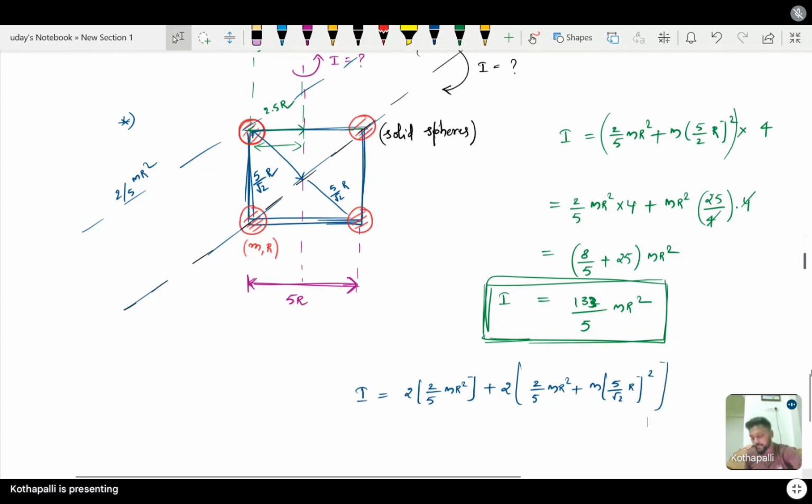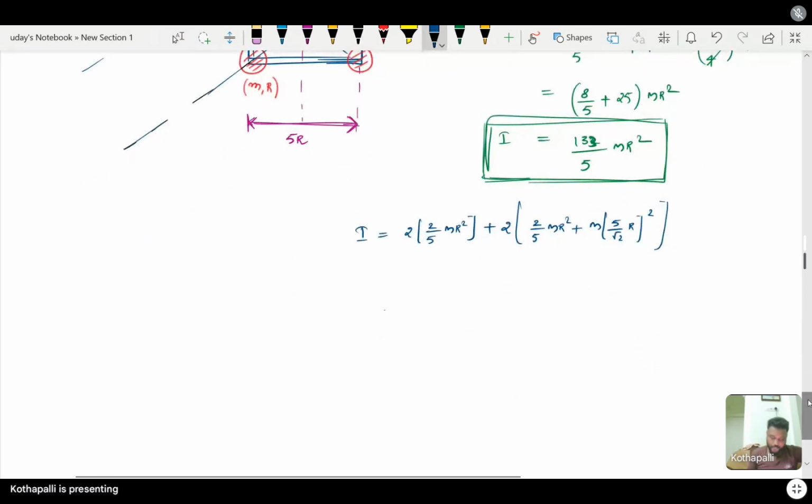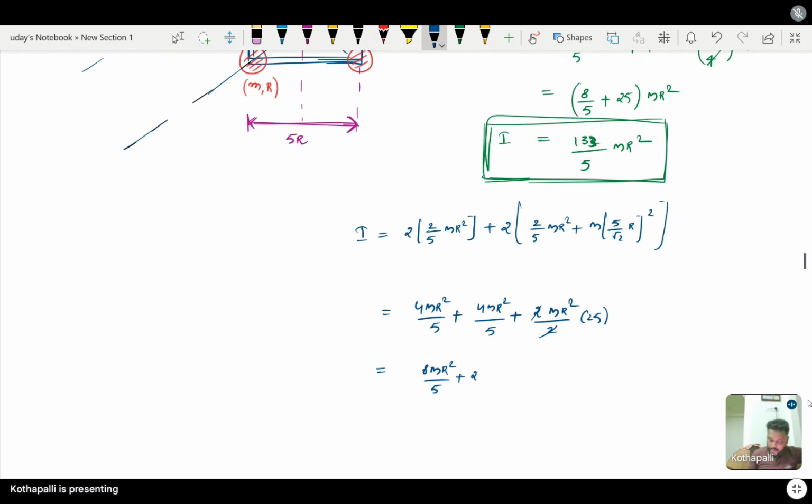Now simplify this. 4 mr square by 5 plus 4 mr square by 5 plus 2 mr square by 2 into 25. 2 will get cancelled. 4 mr square by 5 plus 4 mr square by 5, 8 mr square by 5, plus 25 mr square. Mr square common out, 8 by 5 plus 25.